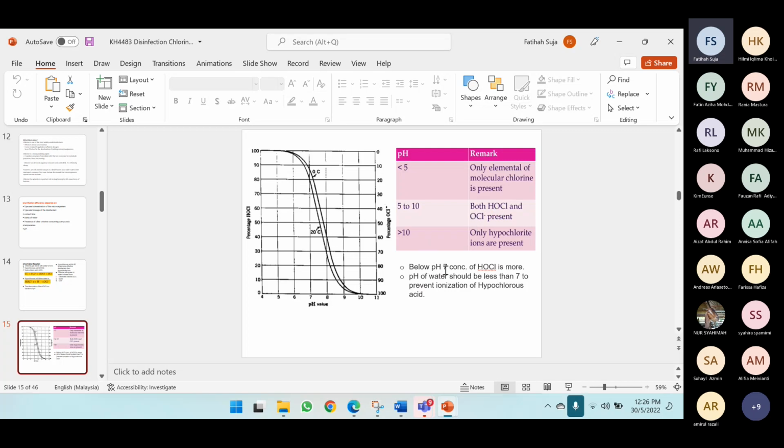Below pH 7, the concentration of hypochlorous acid is higher. The pH of water should be less than 7 to prevent ionization of hypochlorous acid, because ionization of hypochlorous acid will produce hypochlorite ion, which is not that effective compared with hypochlorous acid.